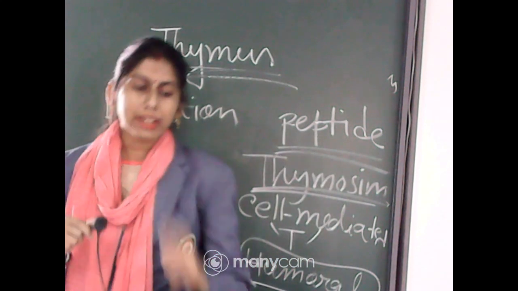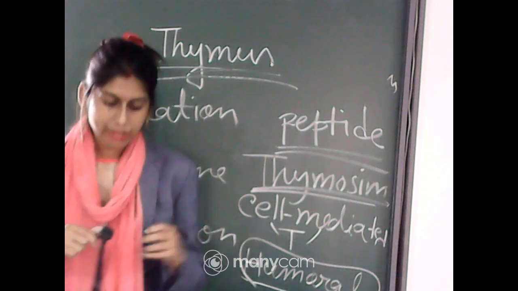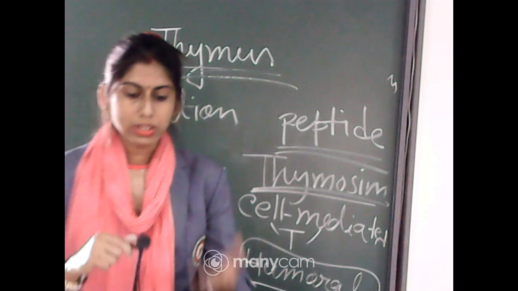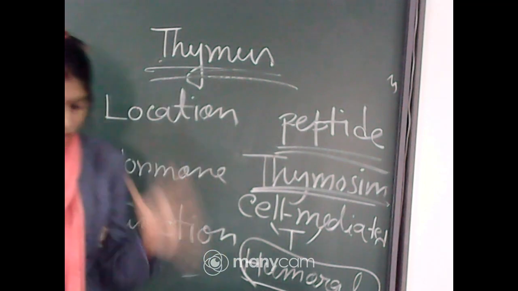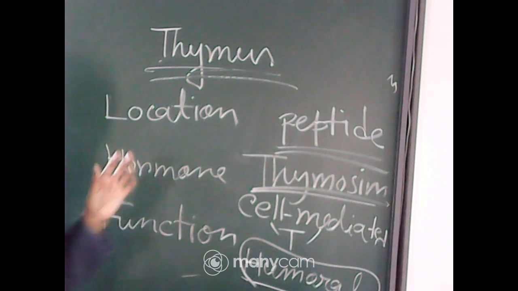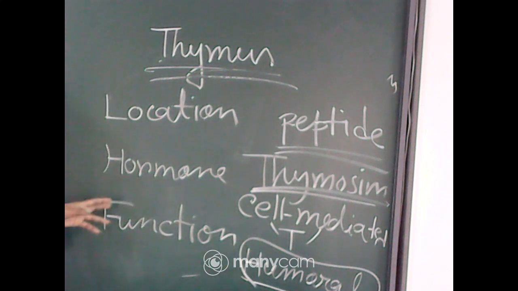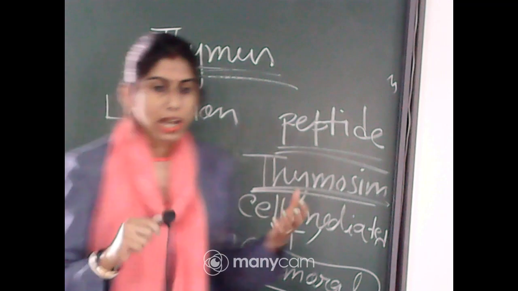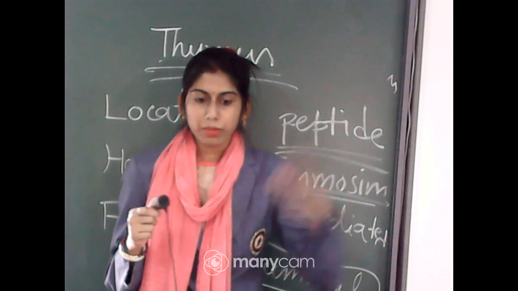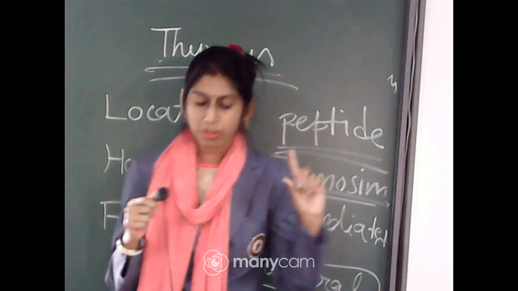And another thing you have to remember is that when a person is getting old, the thymus gland becomes degenerated. Okay, so the thymus is degenerated in old individuals, so that is why old people suffer more, because their immunity will be less due to the degeneration of the thymus gland.